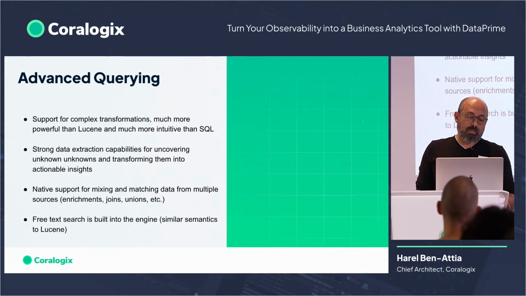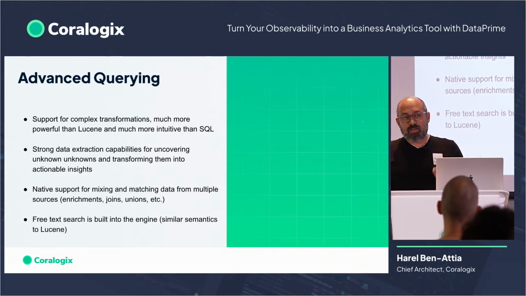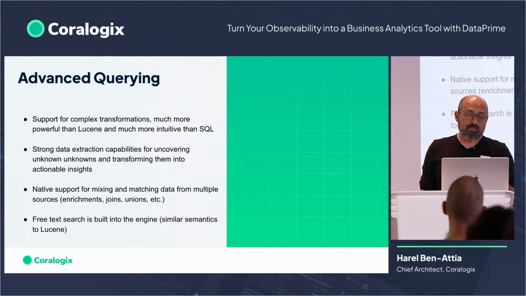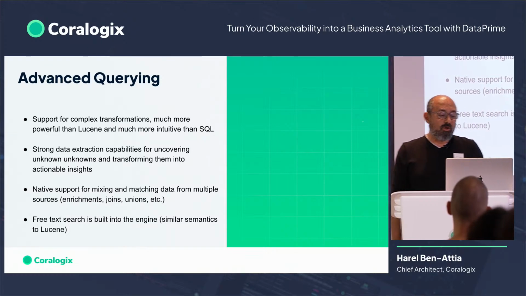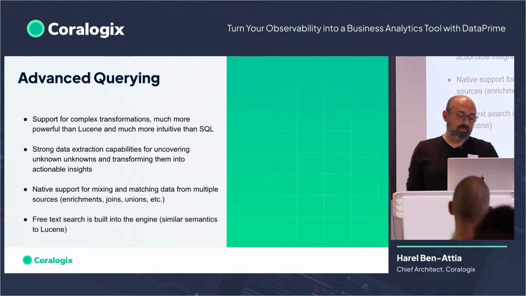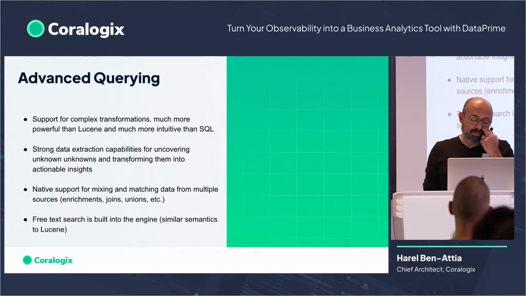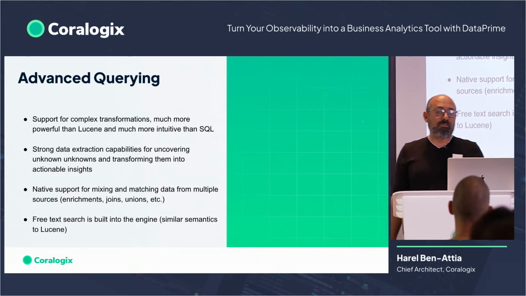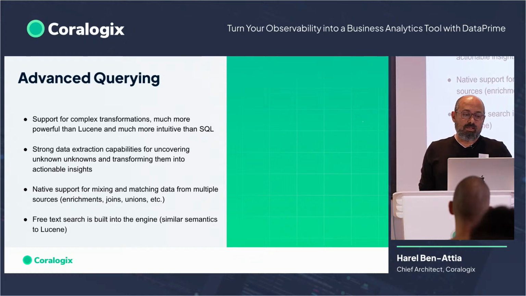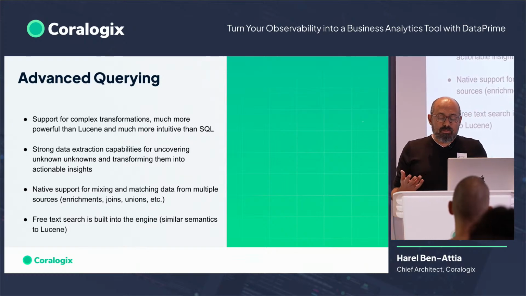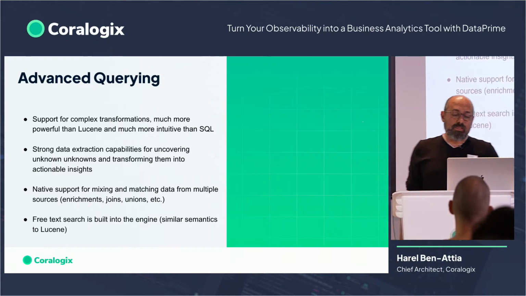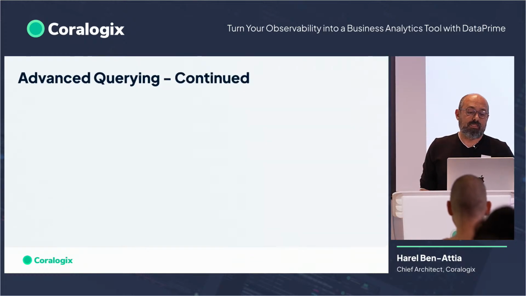And very importantly, to any system today, with the amount of data that we're dealing with, which has grown over the years, free text search is built into the engine, with semantics similar to Lucene, not only because of backward compatibility requirements, but also because Lucene, for the most part, at least in the simple cases, is readable, familiar and useful.